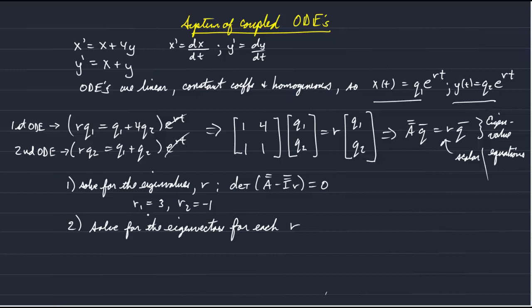And we find that for r1 equal to 3, we get the eigenvector e1 is equal to alpha, that's our free parameter, times the vector [2, 1]. And for r2 equal to -1, we get the eigenvector e2 is equal to beta, our free parameter, times the vector [-2, 1].